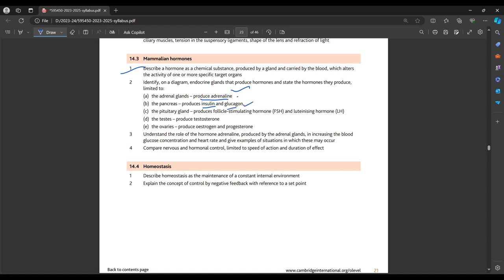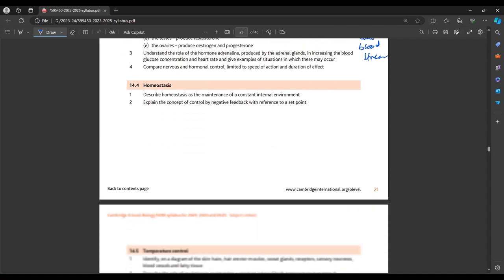Adrenaline is released in the situation of anger, fear and fright, whereas glucagon is released when glucose concentration gets lower in the bloodstream. Okay, the glucagon is secreted by the pancreas, and adrenaline is secreted by the adrenal gland.